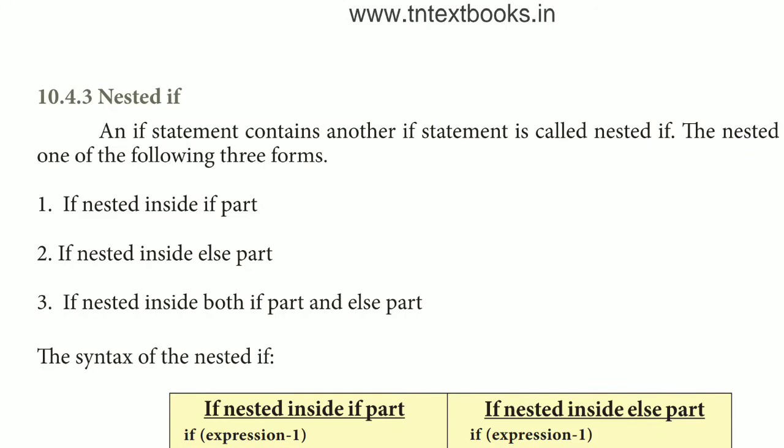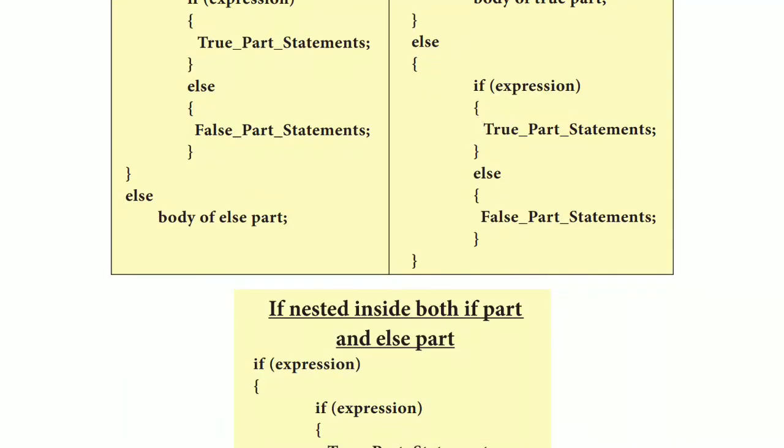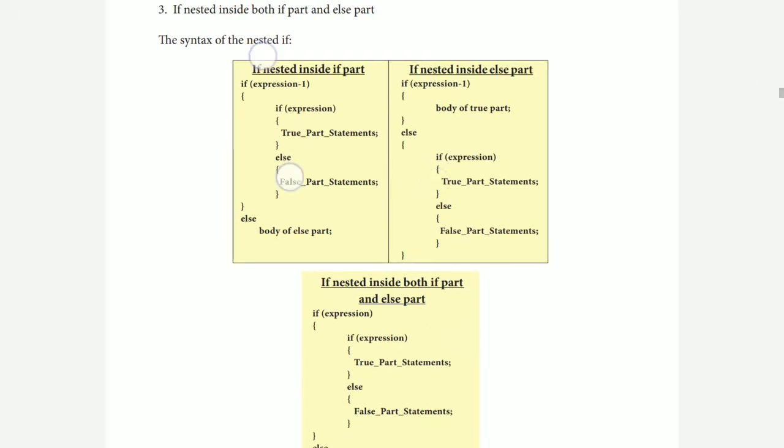So next is nested if. This nested if has three subdivisions: if nested inside the if part, if nested inside the else part, and if nested inside both the if and else part. Here you can see the difference between all three codes. We'll see them one by one.